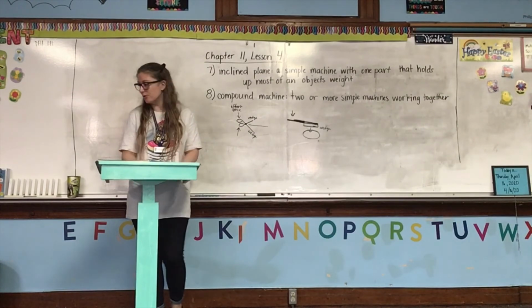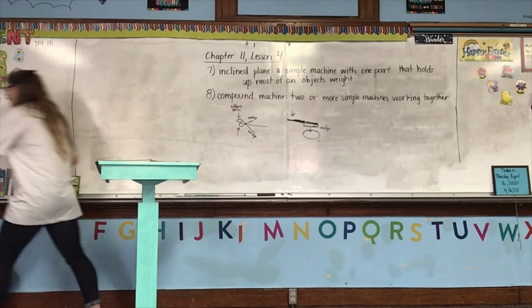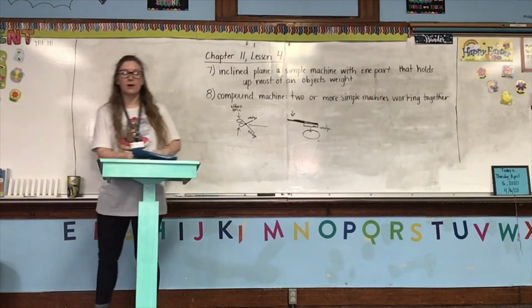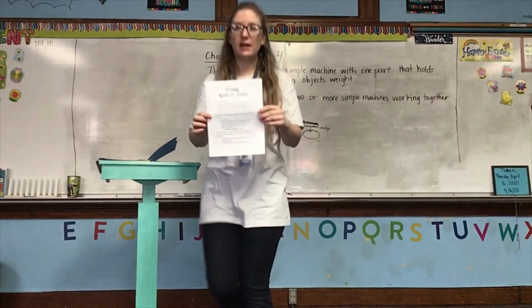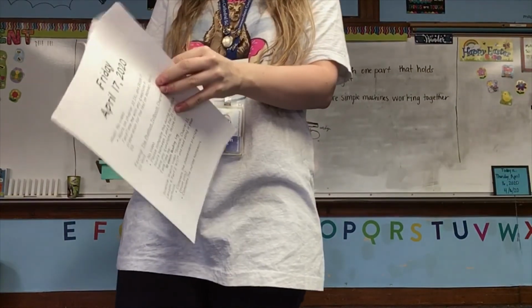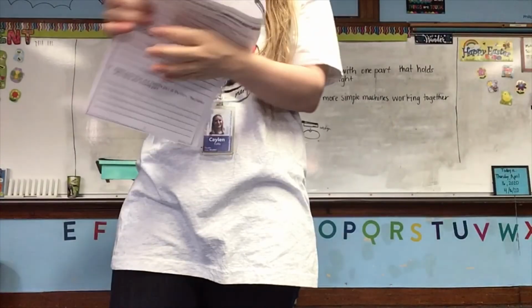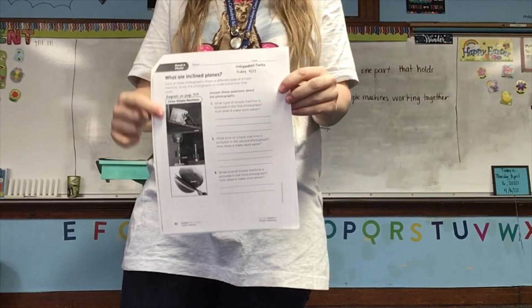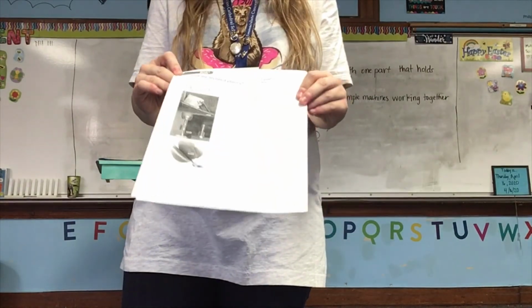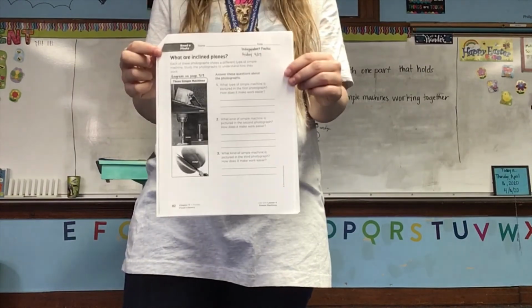Okay, so you do have independent practice and then homework. So go ahead and get out your Friday packet and open up past the Phantom Tollbooth quiz. And then here is your guided practice. It's a diagram sheet, so you can find this diagram on page 519.